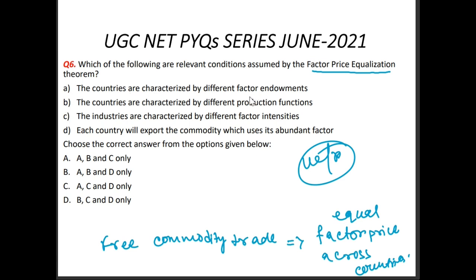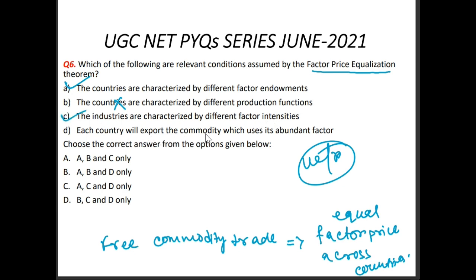The country is characterized by different factor endowment. Yes, factor endowments are different, but countries are characterized by different production function. No, production functions are same. The industries are characterized by different factor intensity.